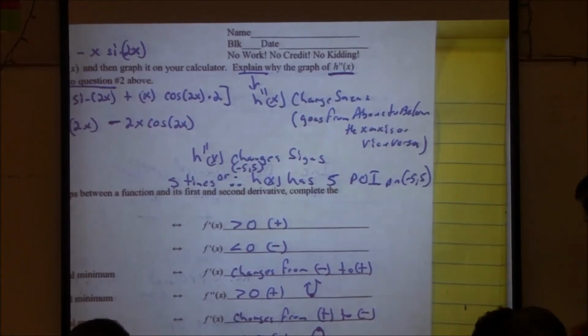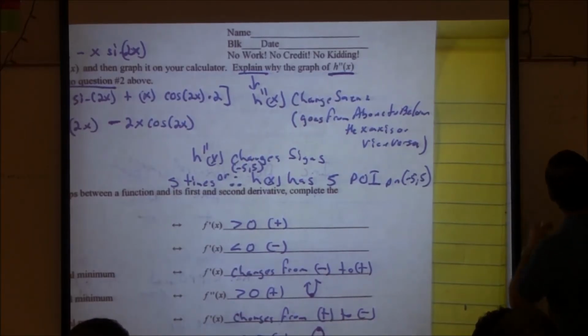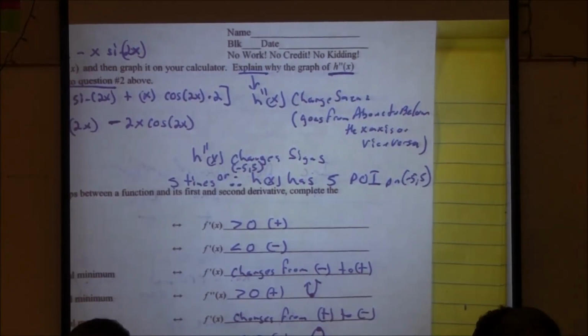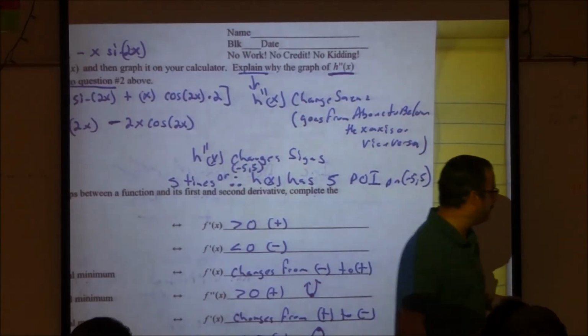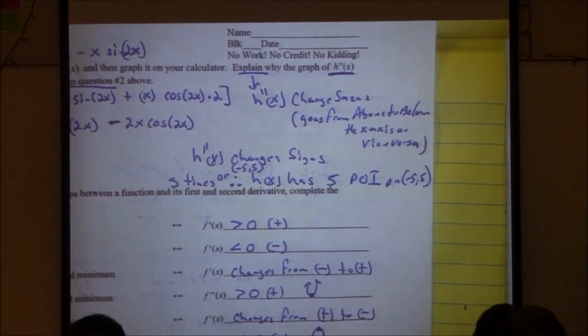Very good, excellent. So if I made a sign line for this table, what would be on my sign line? Negative 4, negative 1, 2. What would be the signs to the left of negative 4? Negative, because that would be like me picking a number, plugging it into the derivative, and getting a negative answer.